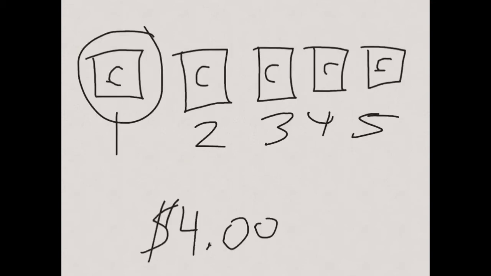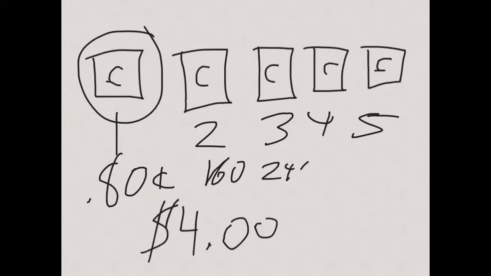So let's say 1 pound is 80 cents, like I mentioned earlier. So if I buy a second one, that's $1.60, $2.40, $3.20 for my 4th one, and then finally my 5th pound together is $4.